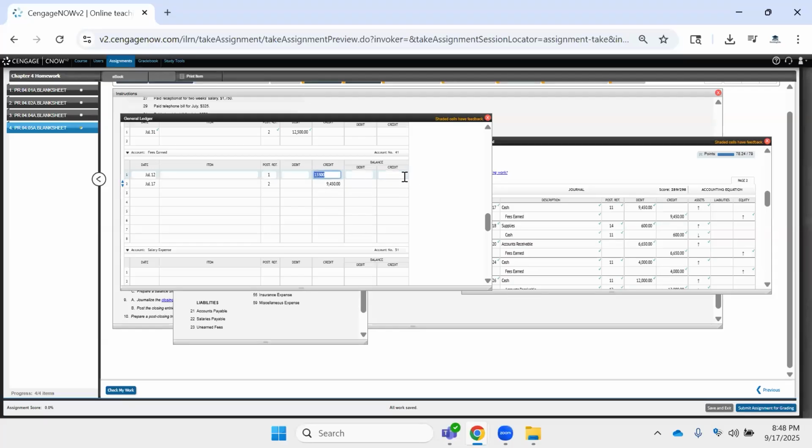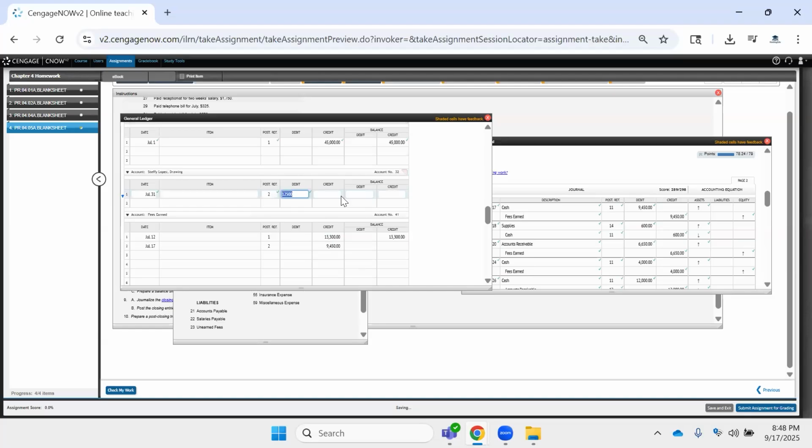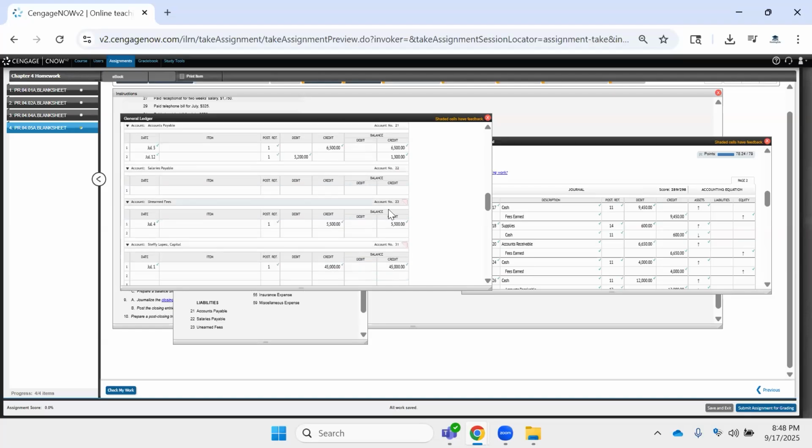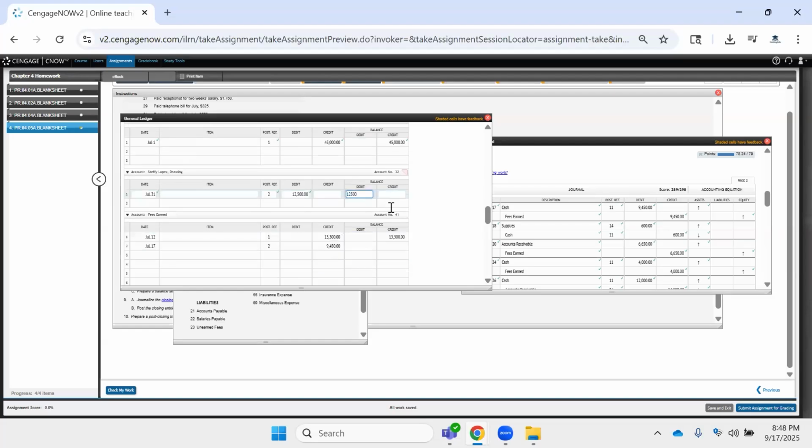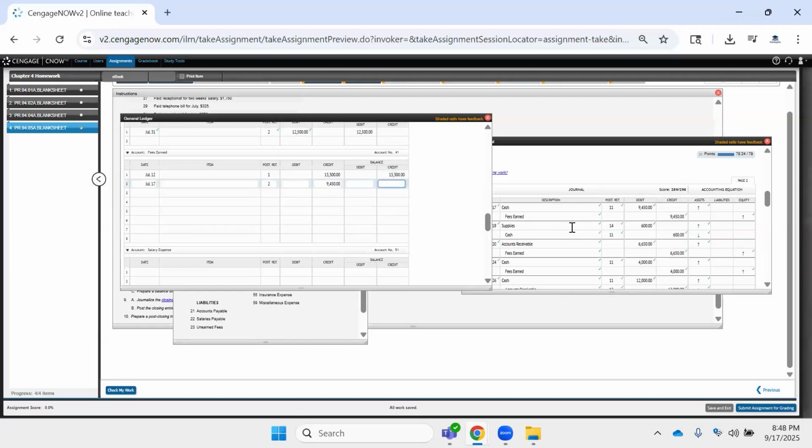And then we have to calculate our running balances for all of these accounts still. So our running balance for fees earned, when we add the 13,300 to the 9,450, is 22,750.